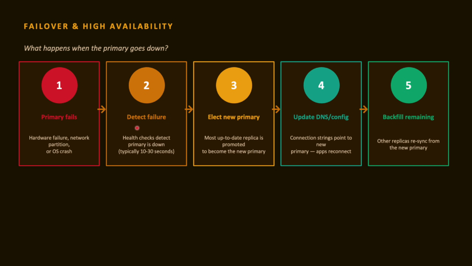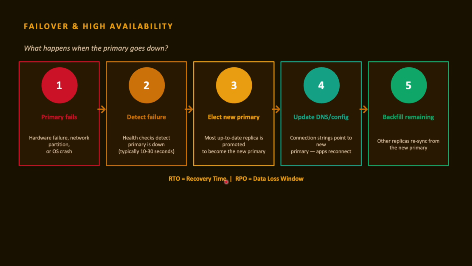Then, if it is down, we have to choose which replica to promote, and then we promote that replica to primary. Then we update the DNS or connection strings so apps connect to the new primary, and reconfigure remaining replicas to replicate from the new primary. So these are some steps in the failover process, right?